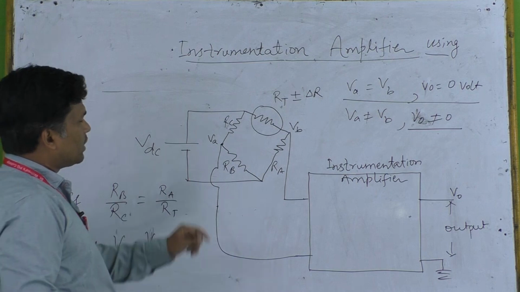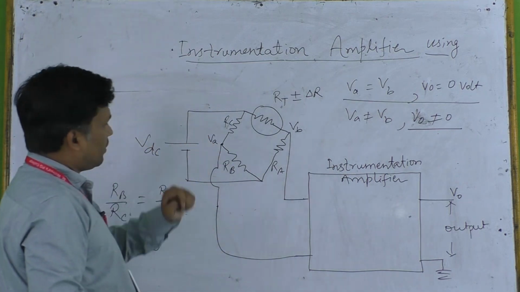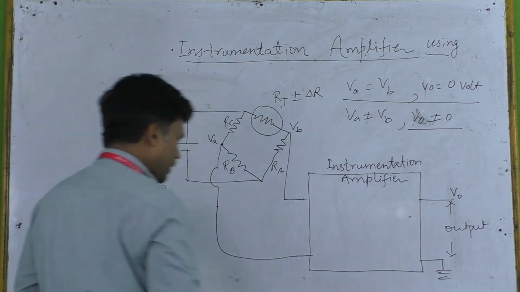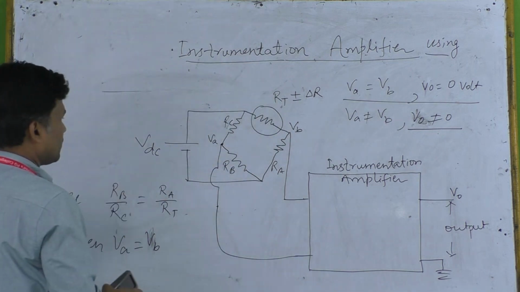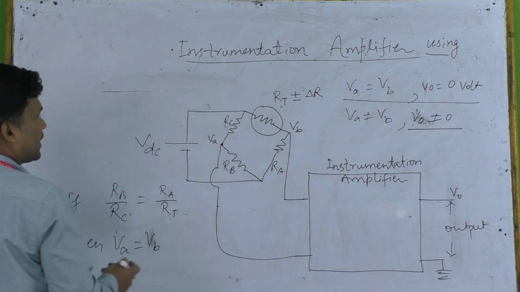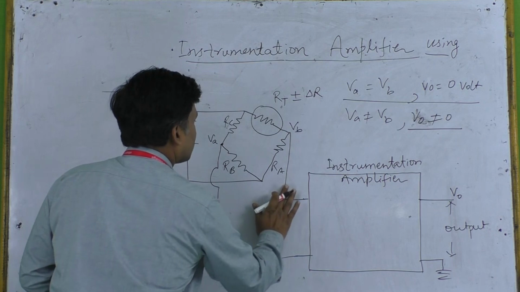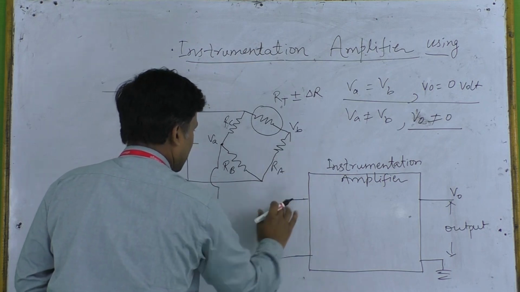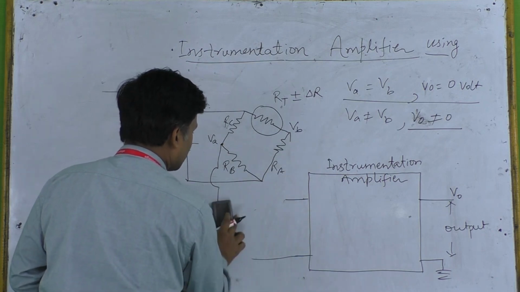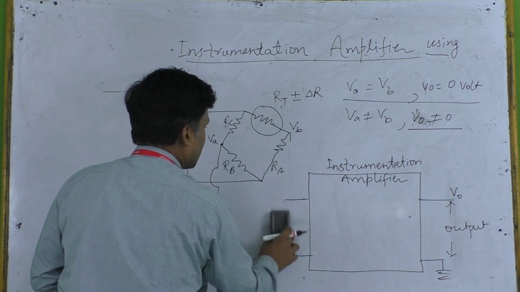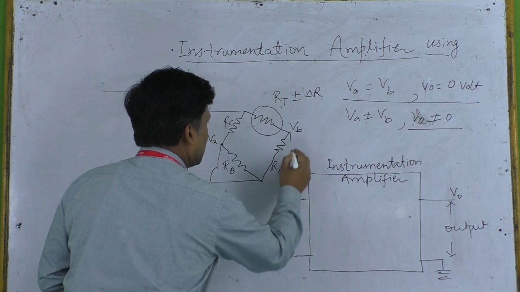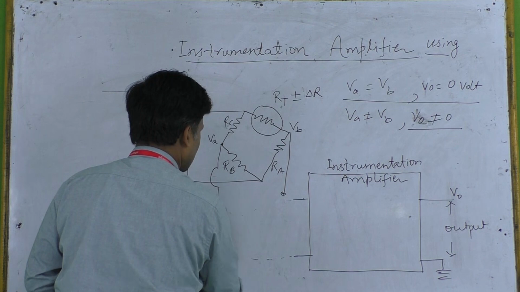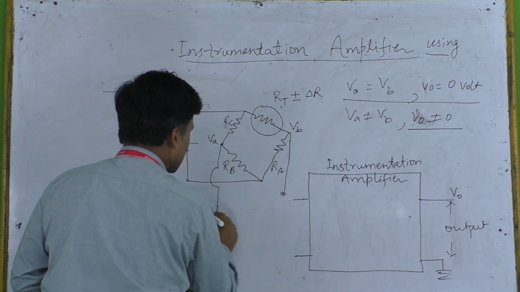So let's calculate the value of voltage VA. If we are calculating this particular voltage VA, what will be the circuit diagram? Let's see, we don't have these particular input lines connected to the instrumentation amplifier. In such a situation these can be assumed as open circuited.